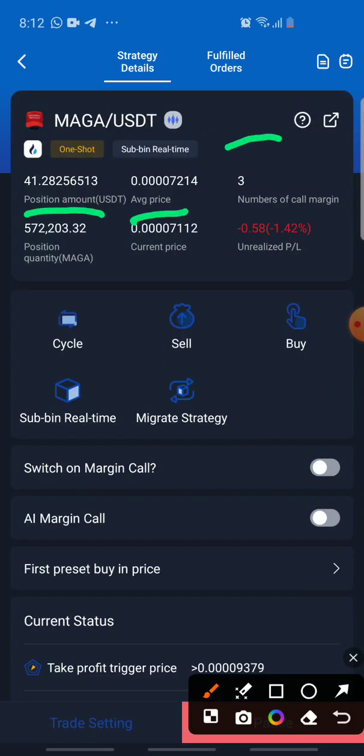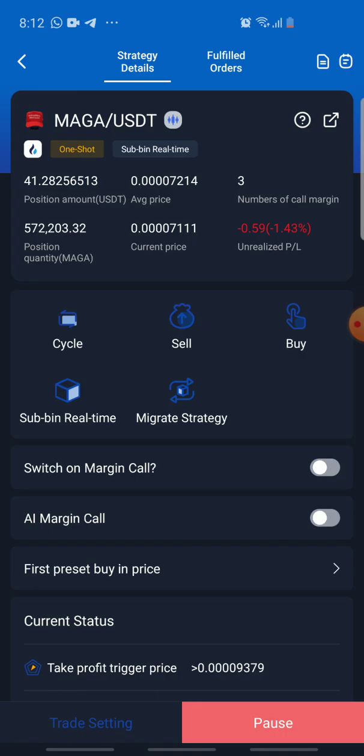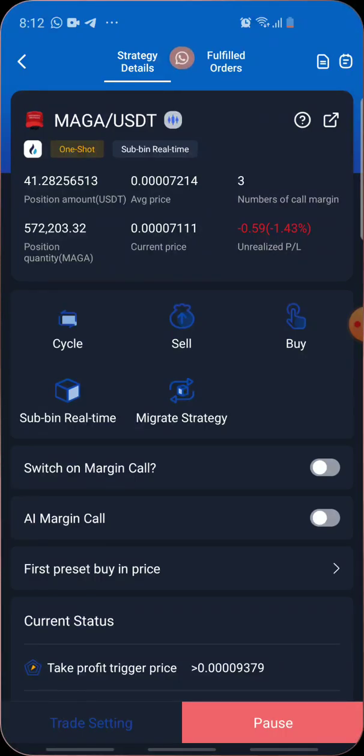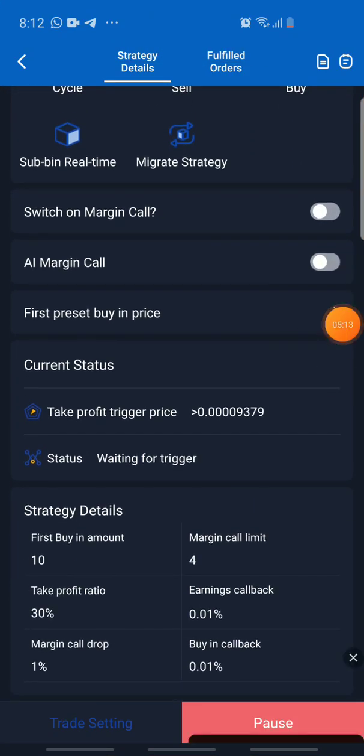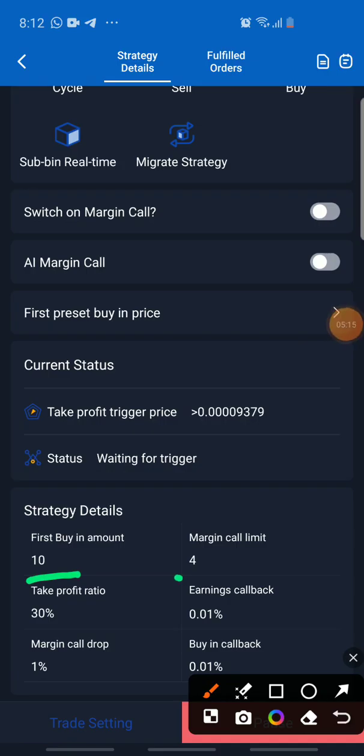Then here is an addition, the number of margin calls that have been bought. By the end of this session, we will understand the meaning of margin calls. If I scroll down, you can still see a summary: the first buying amount, the number of margin calls that he had set, the take profit, among others.